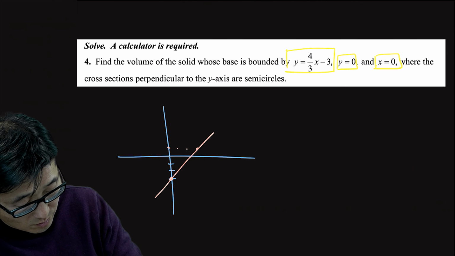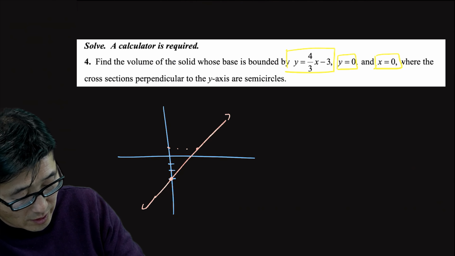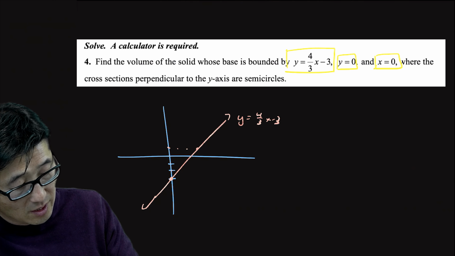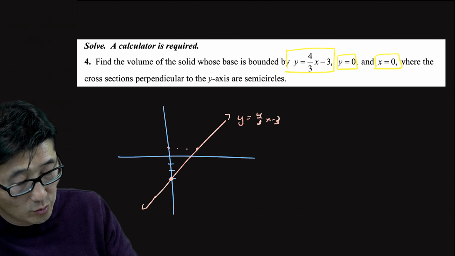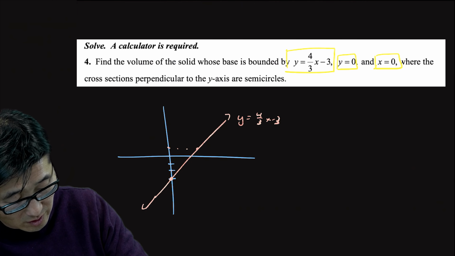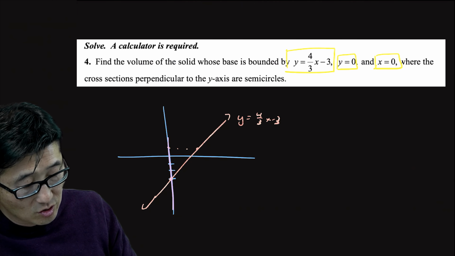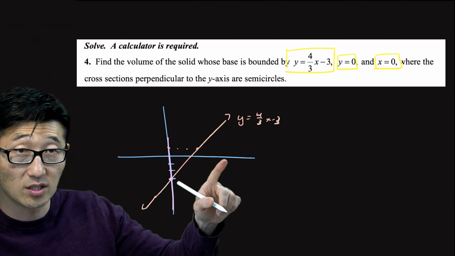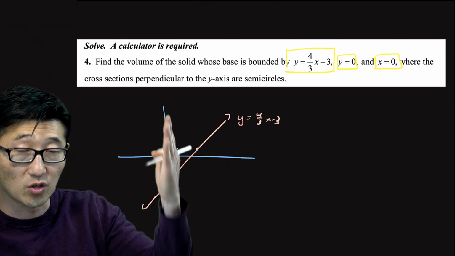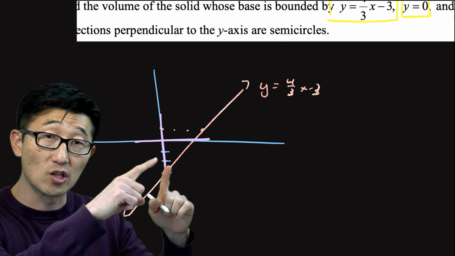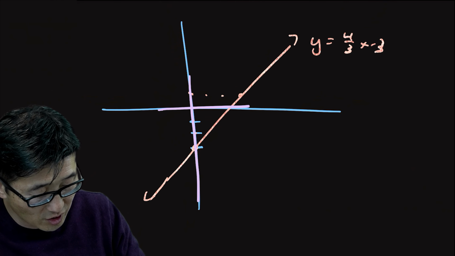So this is y equals 4/3 x minus 3. Y equals 0 is your horizontal axis. X equals 0 is your vertical axis. So when you have all of that, and you look for the enclosure, it's this little piece right over here.